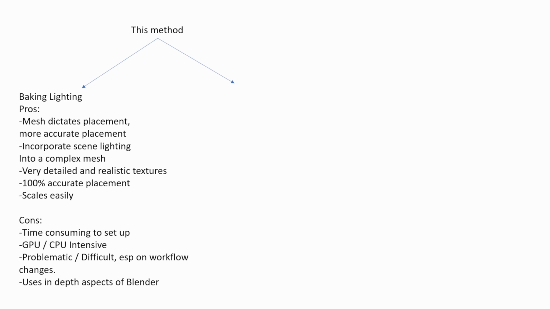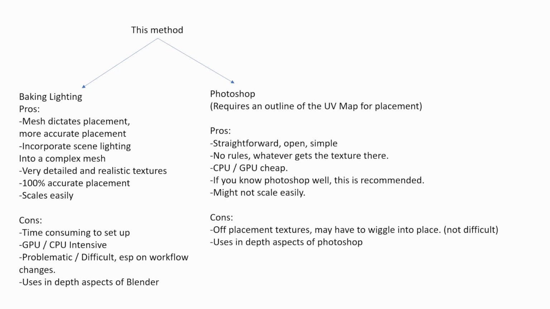And if your workflow changes, it's difficult to maneuver. And then it uses very in-depth aspects of Blender. So if you don't already know Blender and instead you know Photoshop very intimately, I would use Photoshop, honestly. Because Photoshop, one part, and I'm not very good at Photoshop, I'll be honest.